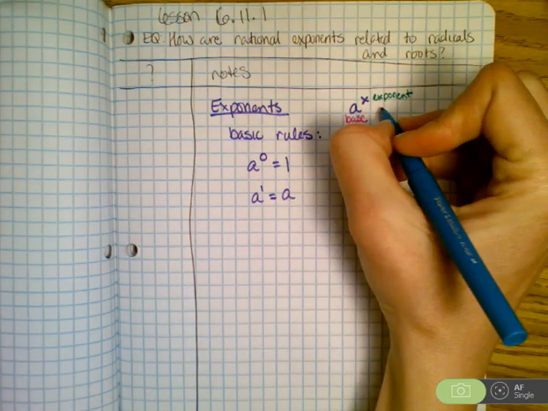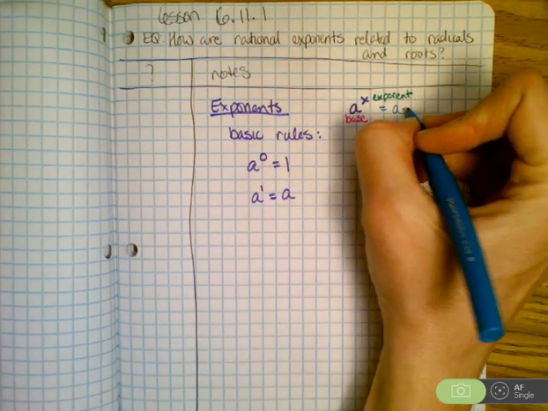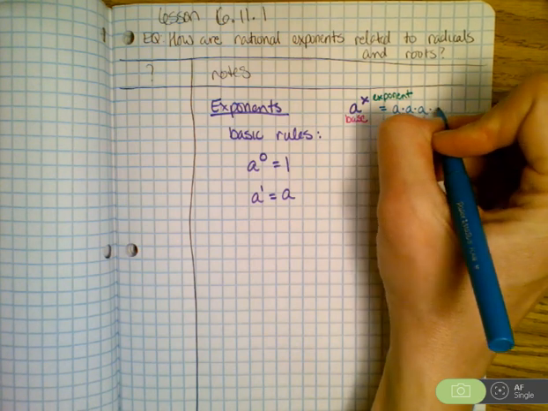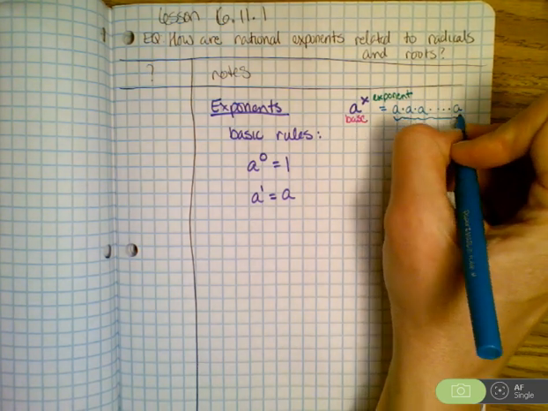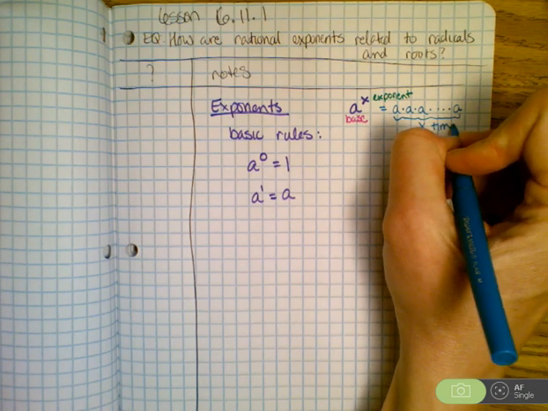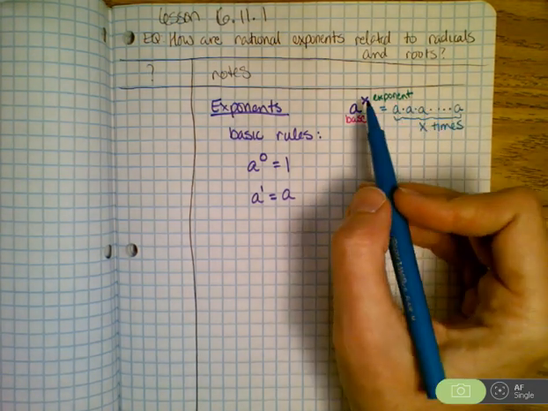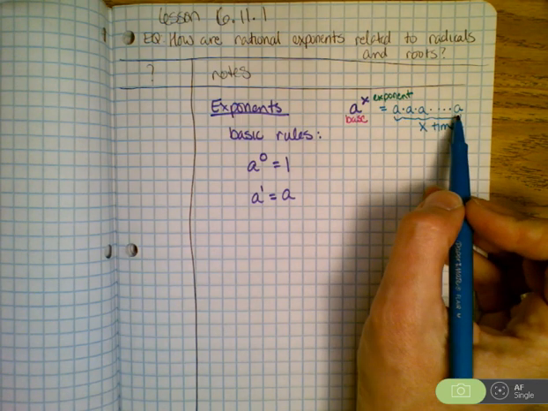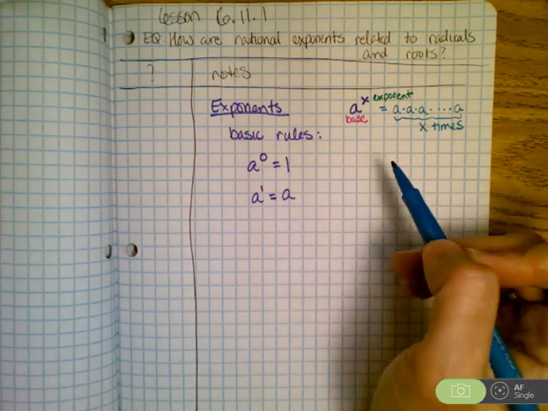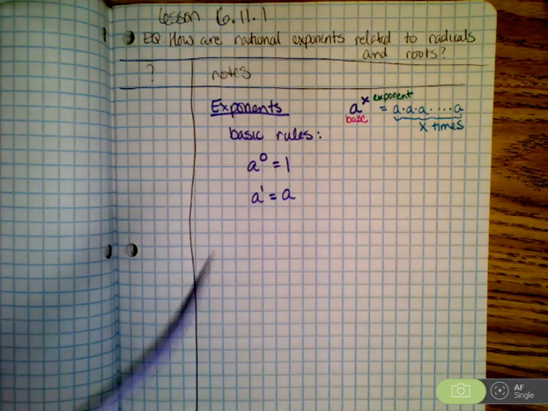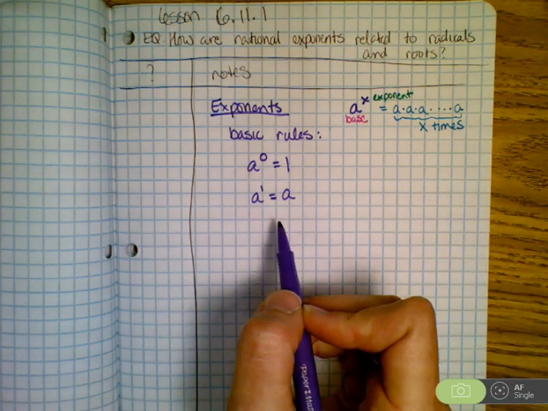So when you see a to the x, you do a times a times a over and over, a total of x times. Whatever the exponent is, you do that many copies of a multiplied together. So back to our rules. One copy of a is just a.